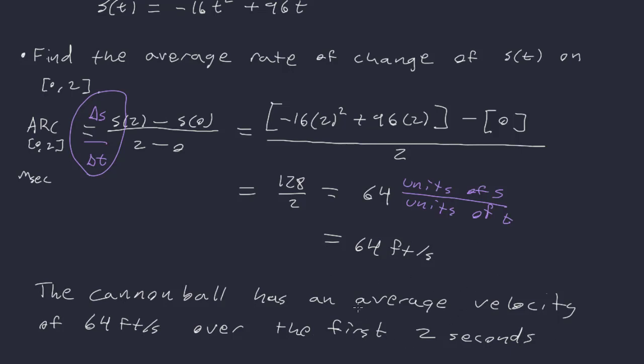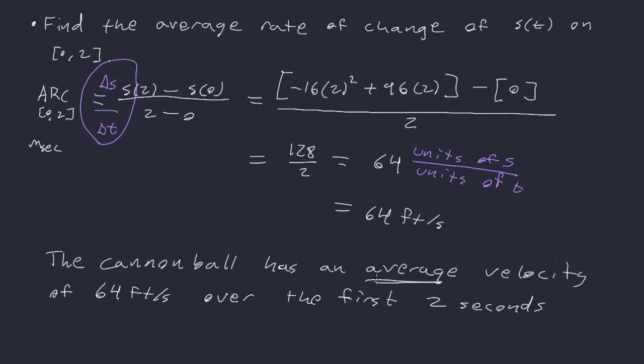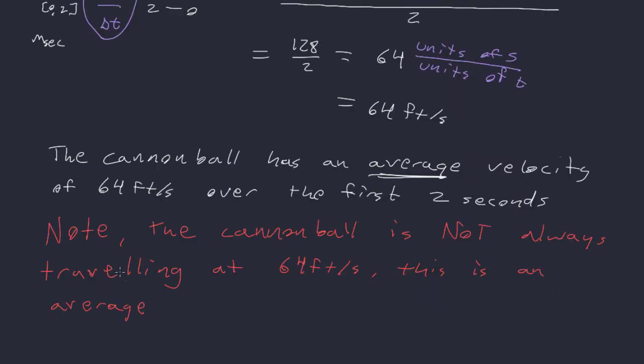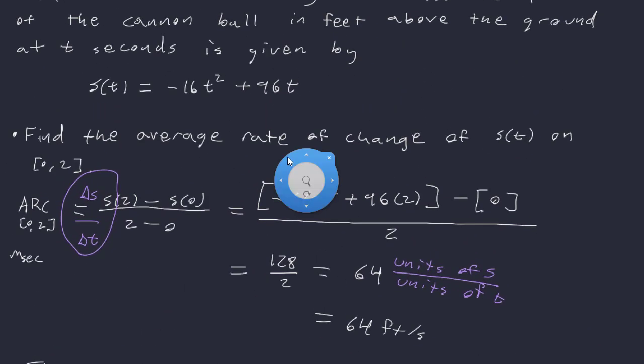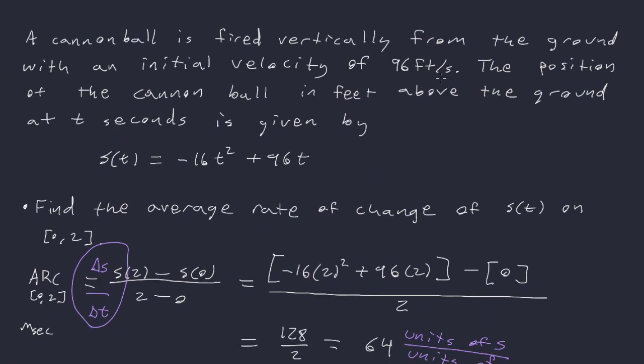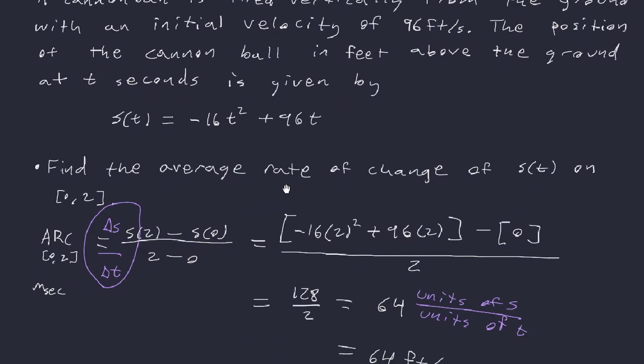However, keep in mind, this is just an average over the first 2 seconds. It's not the velocity it's always traveling at. So big note here, this is not how the cannonball is always traveling, it's just an average. And we definitely know that for sure because its initial velocity, we're told, is 96 feet per second.